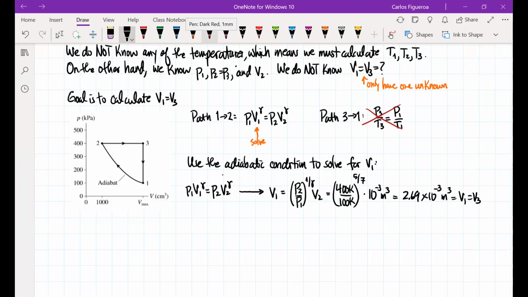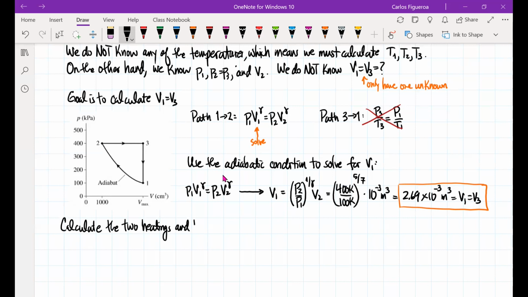Now I have all my quantities: all the pressures and all the volumes. So now I can calculate all the heatings. We want to calculate the 2 heatings and the work done.